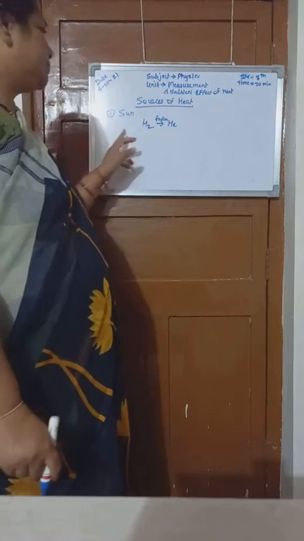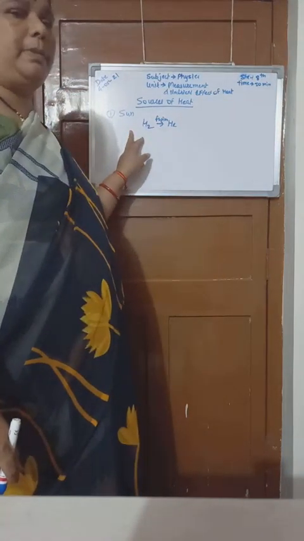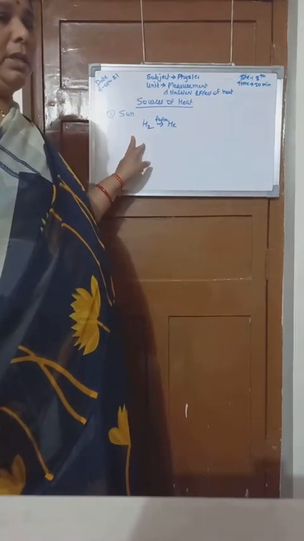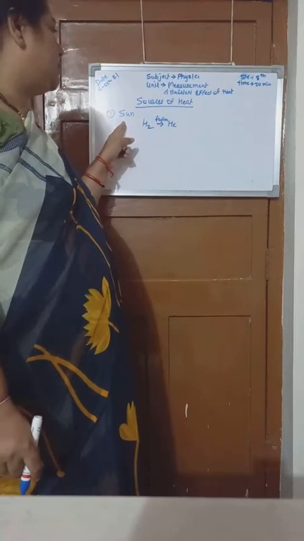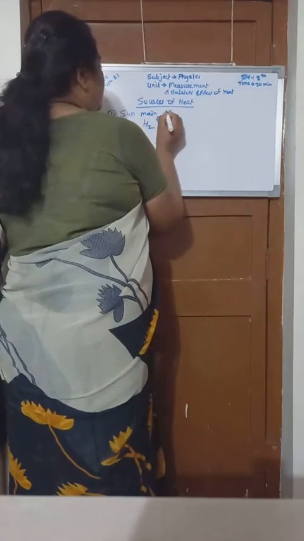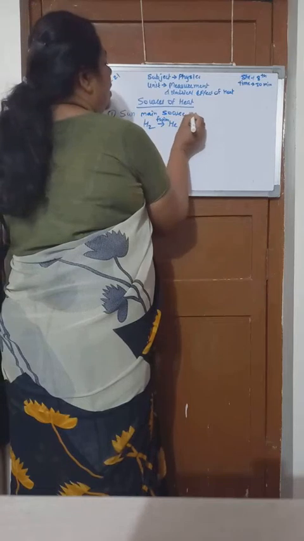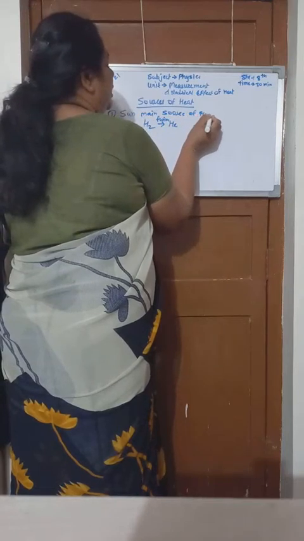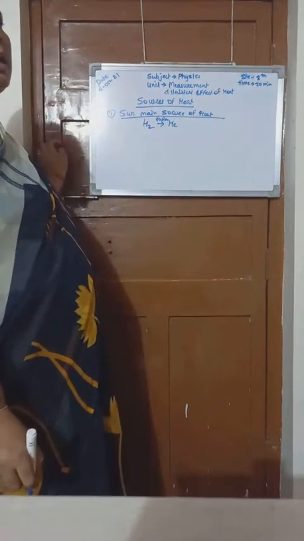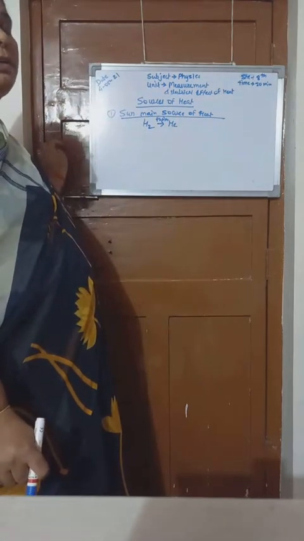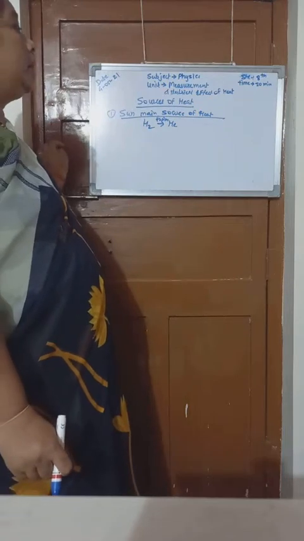Therefore, tremendous heat is generated. This heat can be used for various purposes on the earth. In this way, the main source of heat is the sun, because of the fusion of hydrogen nuclei to form helium nucleus. Okay.